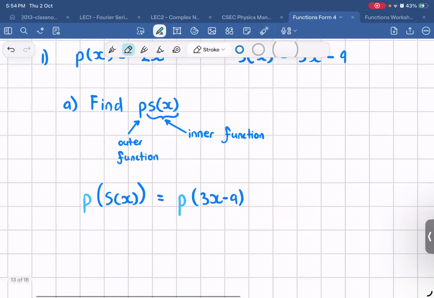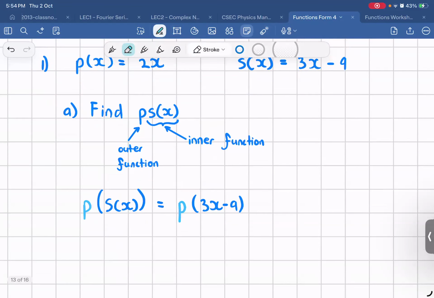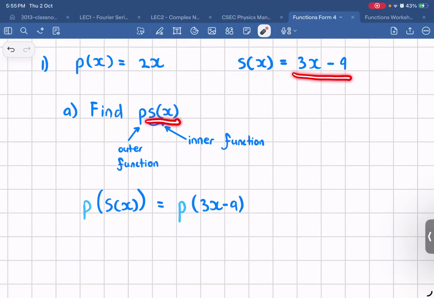So anywhere you see S of X, you can actually replace it with what? No, the whole thing, the 3x negative 9. So you understand that's what we do so far, right? All I did so far was replace S of X with what it actually is. You with me? Yes, sir.